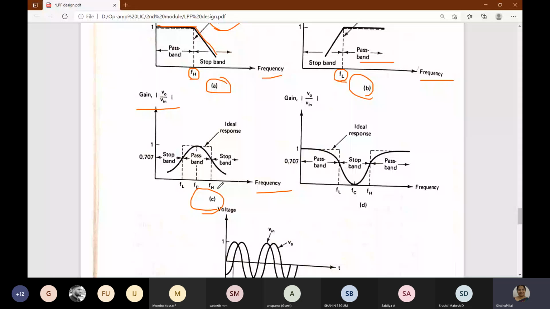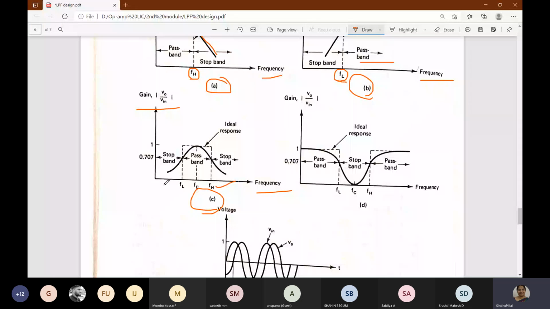And one more thing, ideally the response should be square. Ideal response should be like this square. But practically how does it happen? Practically it is these dark lines. Slowly it will rise, then it will reach the peak, then it will slowly decrease because of our passive elements here.